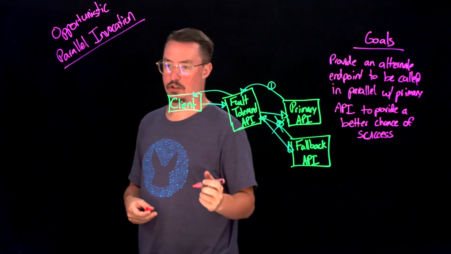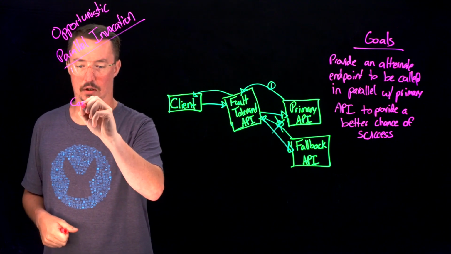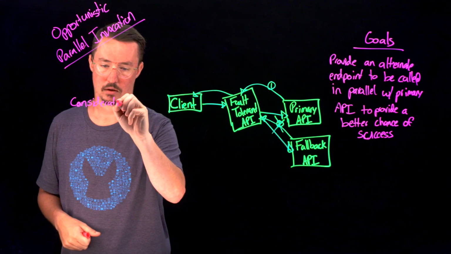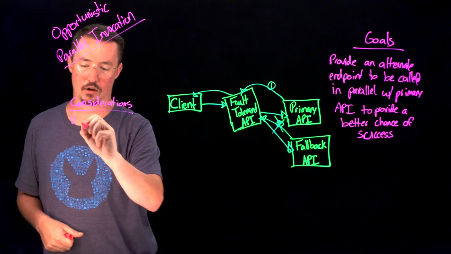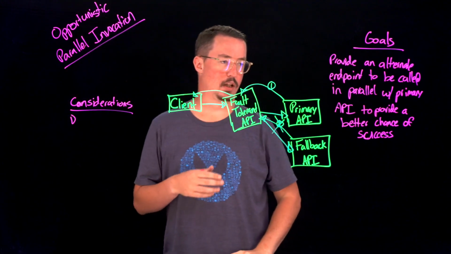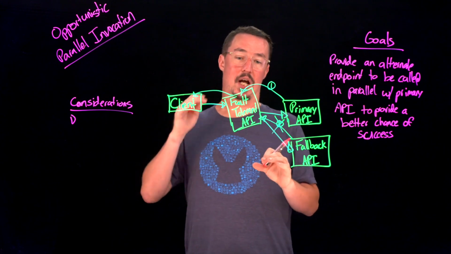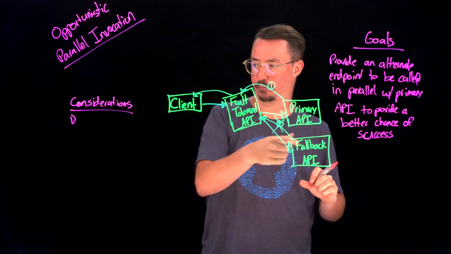Now, some considerations that you need to make sure that you're going to take into account. So the first one we want to talk about is one of the things that I mentioned before. This is generally only going to be if you have an extremely high probability of an API failing.